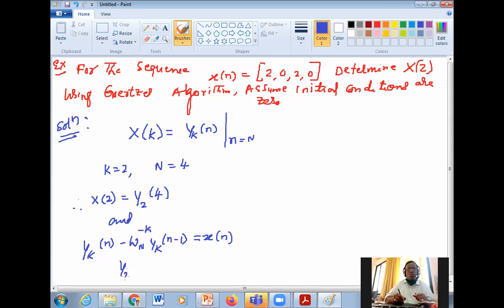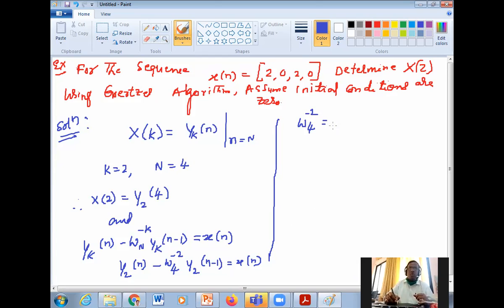Now we can write it as y2 of n minus W4, because N value is 4, to the power minus 2, y2 of n minus 1 is equal to x of n. Now let us calculate its value. The value of W4 to the power minus 2 will be equal to minus 1.